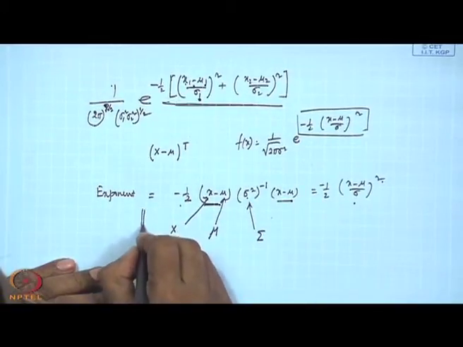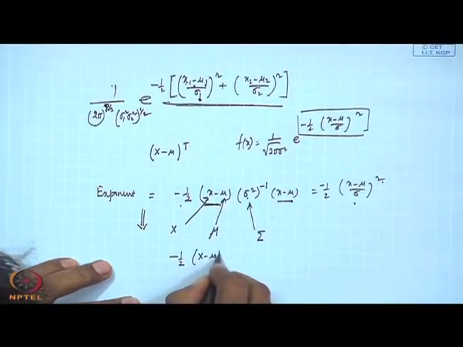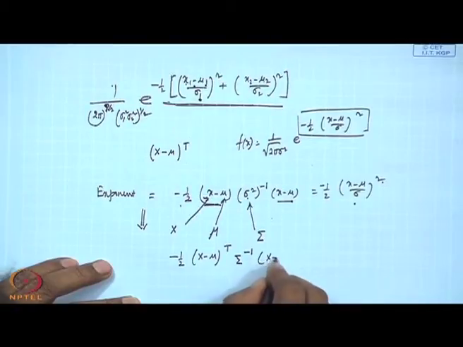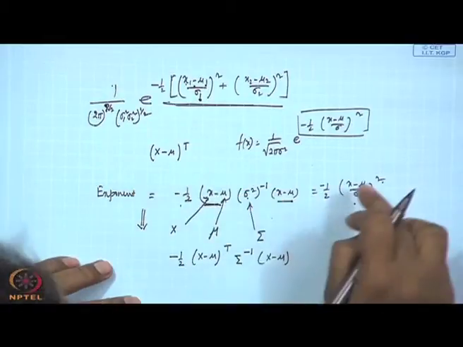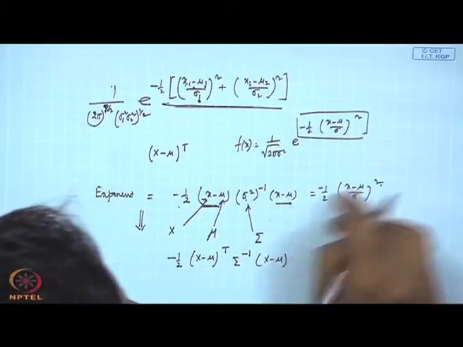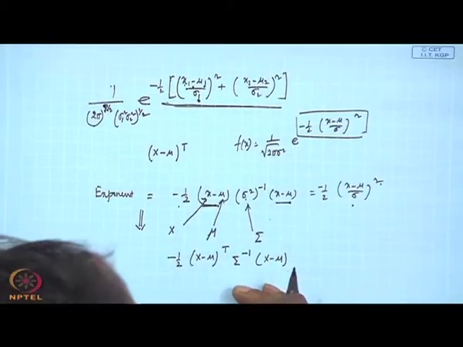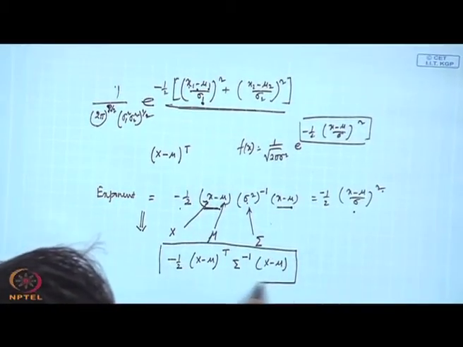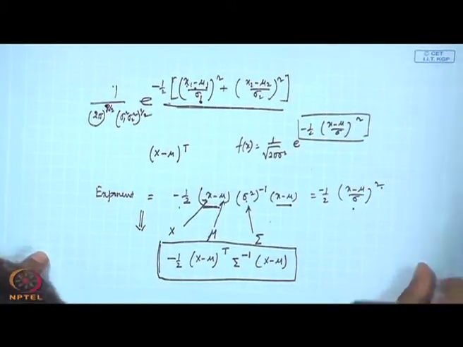That's why in the multivariate domain, the exponent can be written like this: x minus mu transpose, sigma square replaced by capital sigma to the power minus 1, x minus mu. From the univariate normal distribution, we have taken the exponent part, and we are saying that if we go in the same manner to the multivariate case, our resultant quantity will be this for the exponent. Is it so? Can we prove it now?